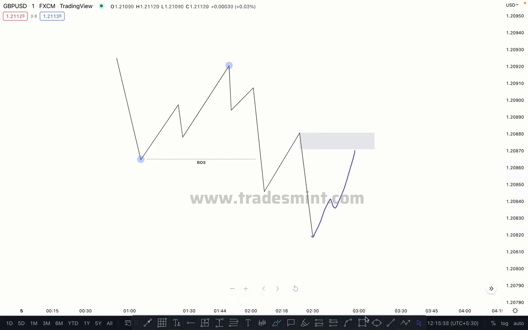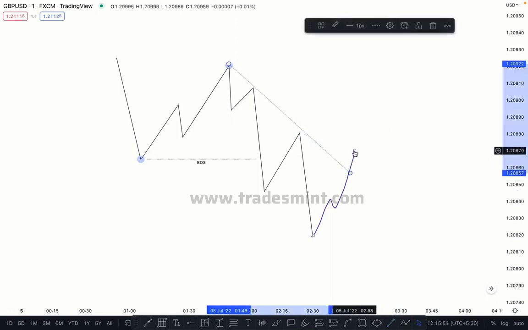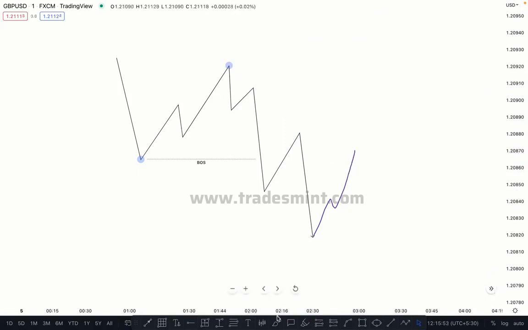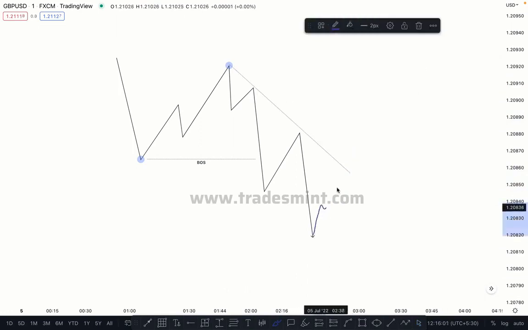Another type of trader trades based on a trend line, so they mark the trend line like this, and they are looking for a sell on this retest.